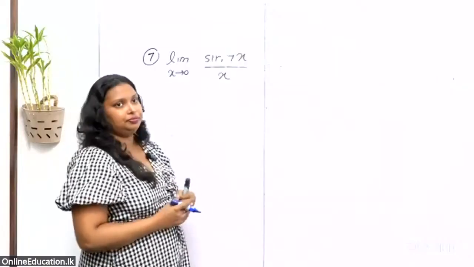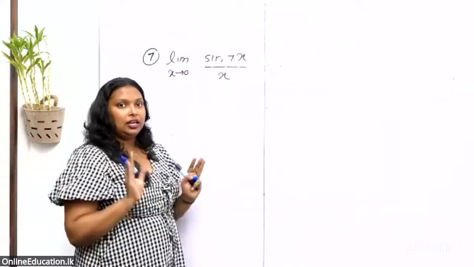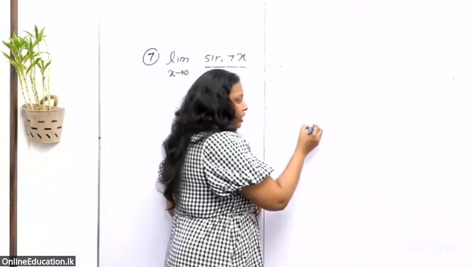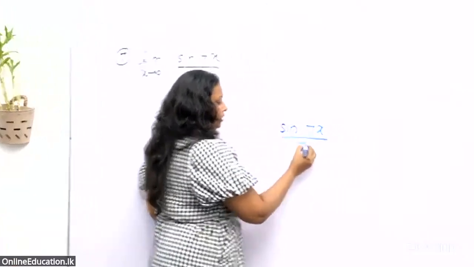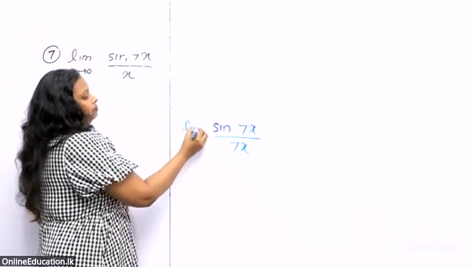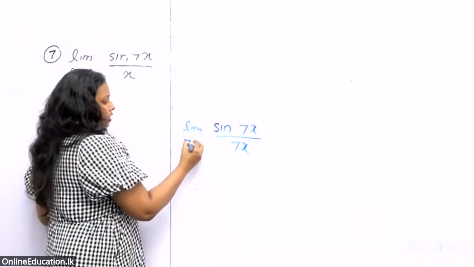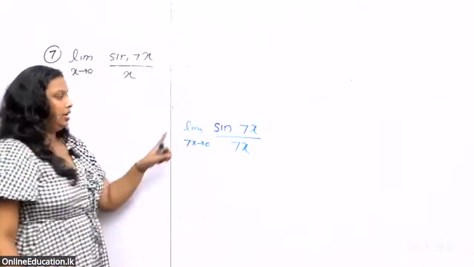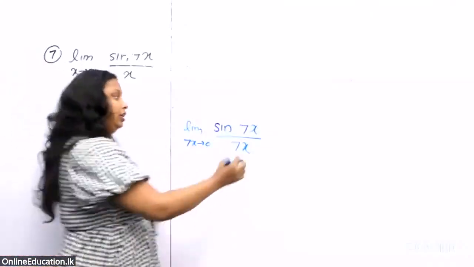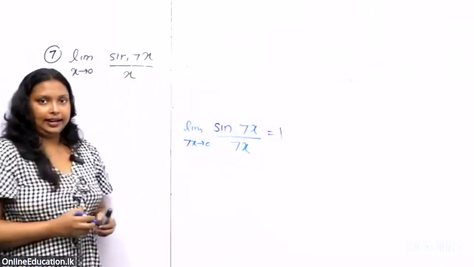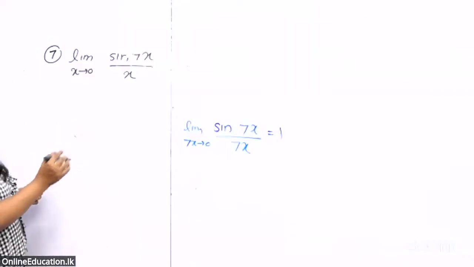So what should we get to get the answer as 1? Sine 7x over 7x, when 7x tends to 0. Then only we can write the answer as 1. Clear?